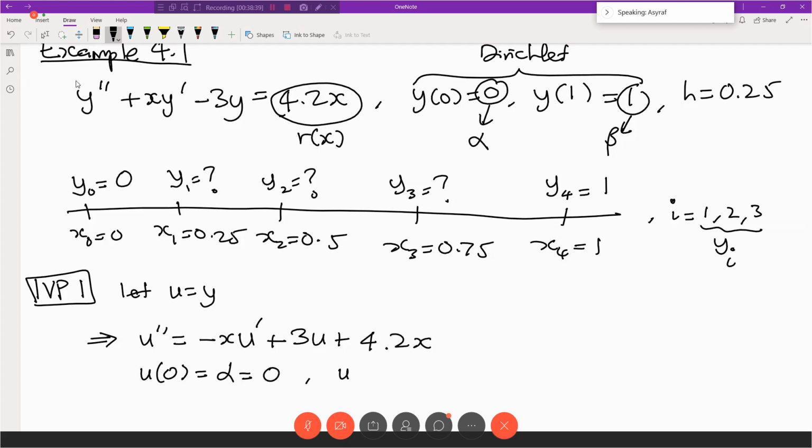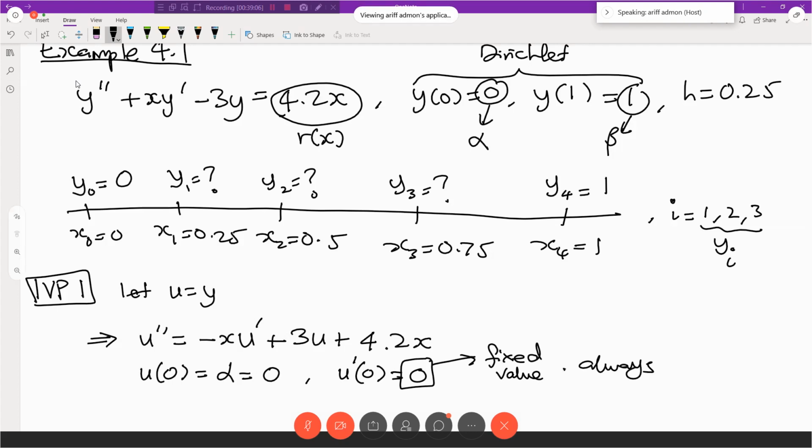So u prime of x naught is a fixed value, always 0. This one can be changed if your alpha here is not 0. Maybe if alpha here is 1, then it should be 1.